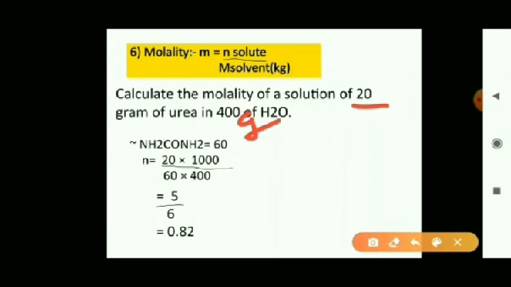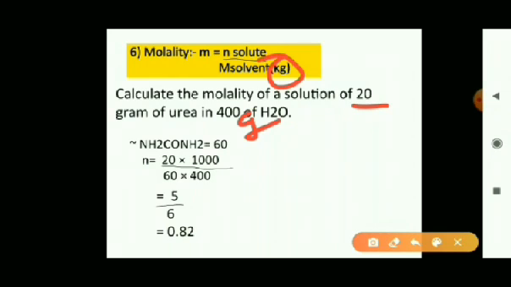So 20 divided by 60, into 400 gram, and our unit is required in kg. So if it is in gram, we have to convert gram into kg, right? So 400 gram divided by 1000.